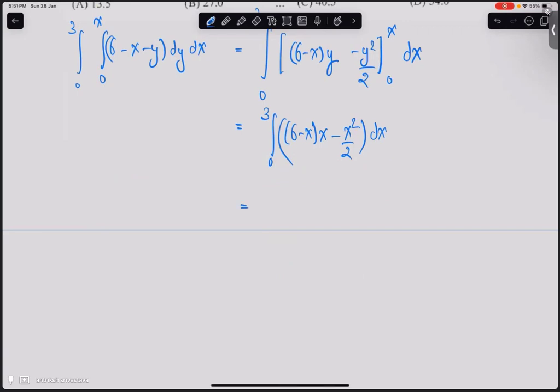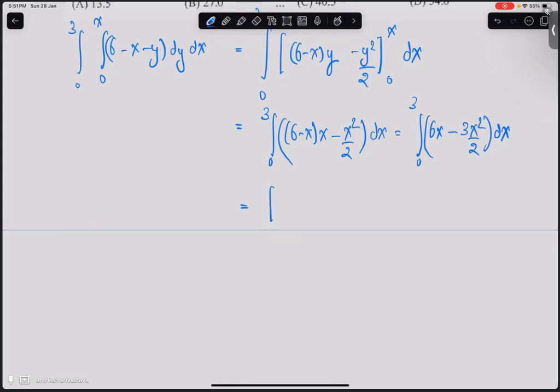Okay, now what do we have to do? We have to integrate this again with respect to x. Before that, let's do a simplification. So we have 6x minus x square and minus x square by 2. So let's just write this as 6x minus 3x square by 2, dx. Now we have to integrate this.